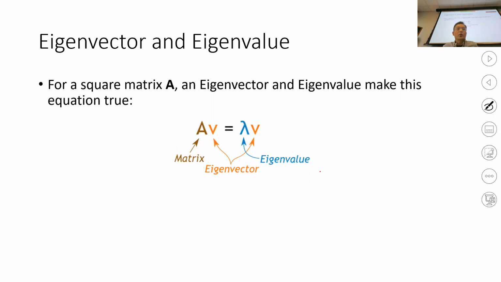Okay, let's review what eigenvector and eigenvalue are. First, you have to have a squared matrix. Normally your data matrix is not a squared matrix.